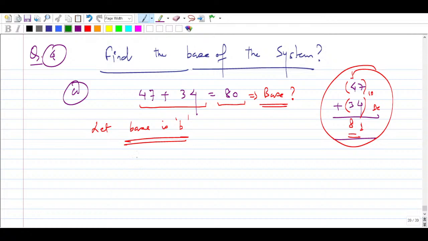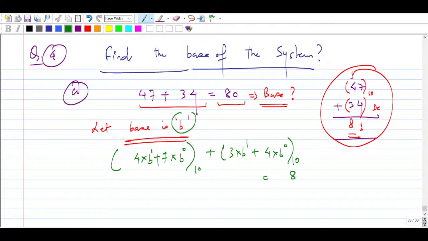So what we can say here is that 47 can be written in base 10, and we are considering the base is b, and we are writing in the decimal system 7 into base to power 0, plus 4 into base to power 1. And 80 is again in base b, so that you could find the required base.